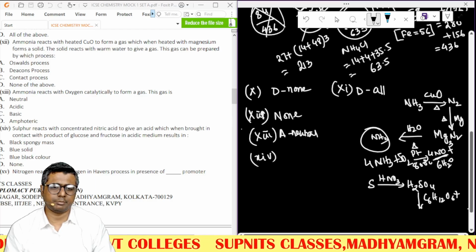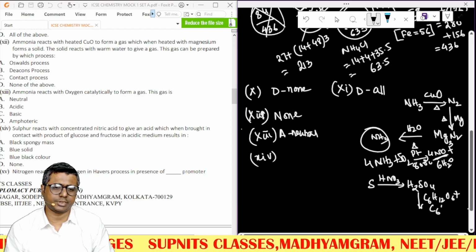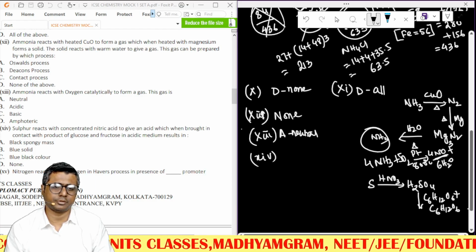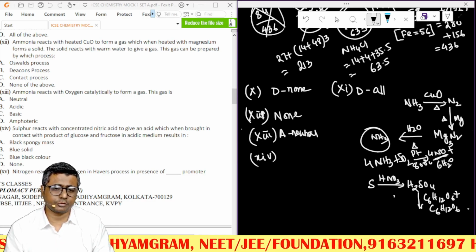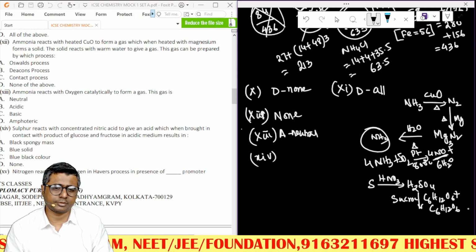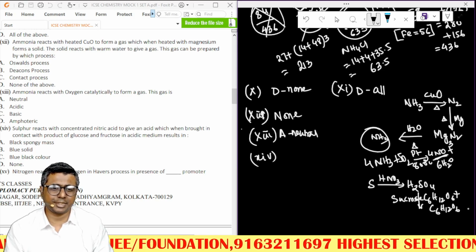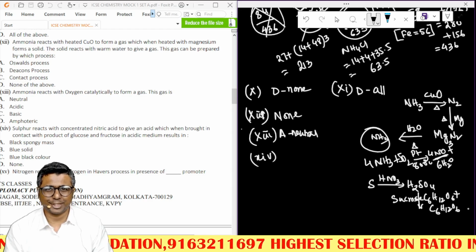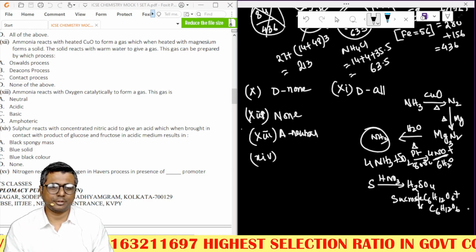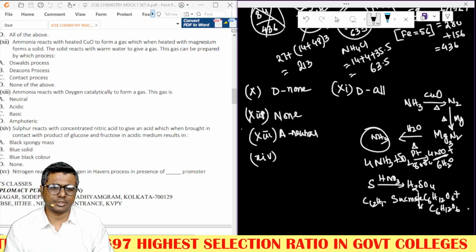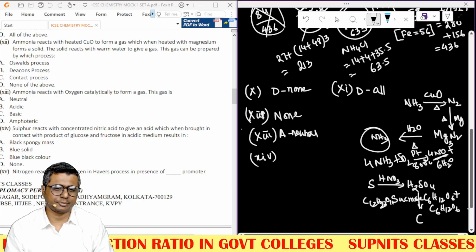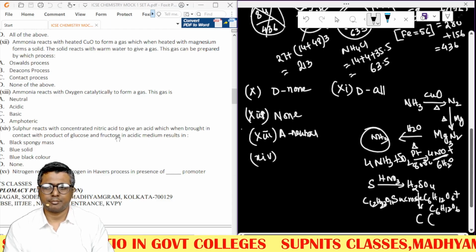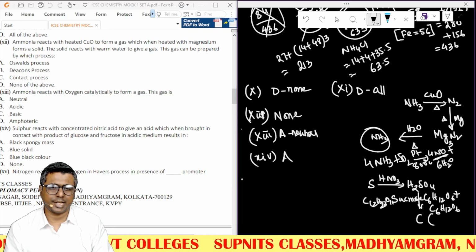C6H12O6 is glucose, and fructose has the same formula. Glucose and fructose together give you sucrose, which is nothing but the sugar you eat. This is C12H22O11, and with concentrated H2SO4 it gives you carbon, that is black spongy mass. Answer is A.